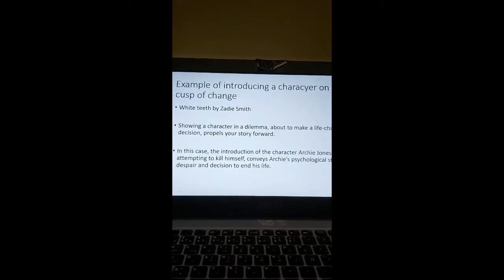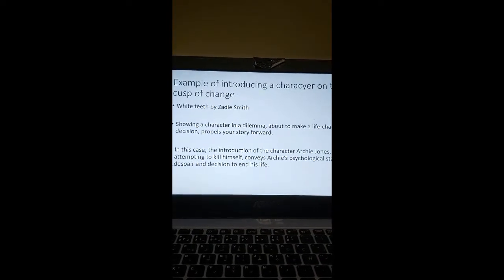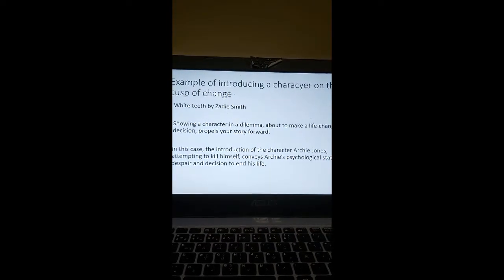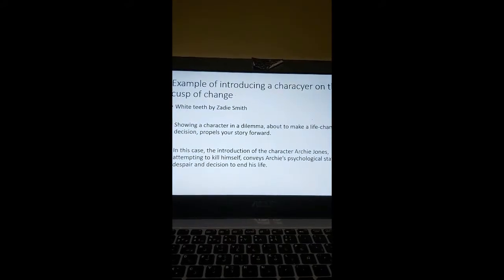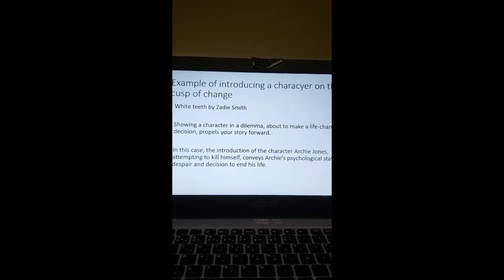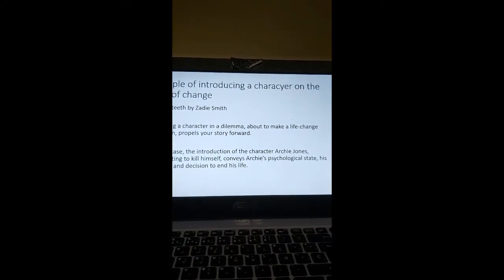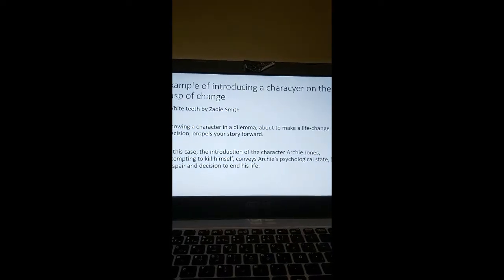In this novel, we have the introduction of the character Archie Jones attempting to kill himself. It conveys Archie's psychological state.